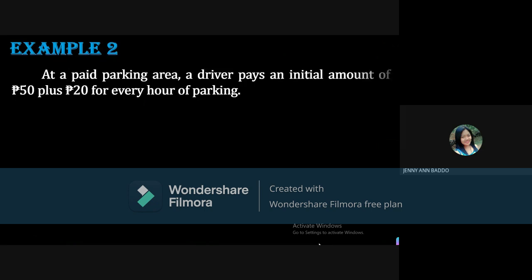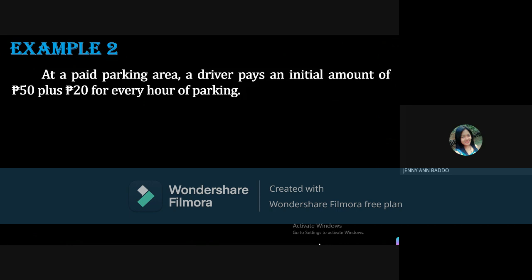So again, we have to consider the problem. At a paid parking area, a driver pays an initial amount of 50 pesos plus 20 pesos for every hour of parking. The two variables here are the number of hours of parking and the total amount paid at the parking area.